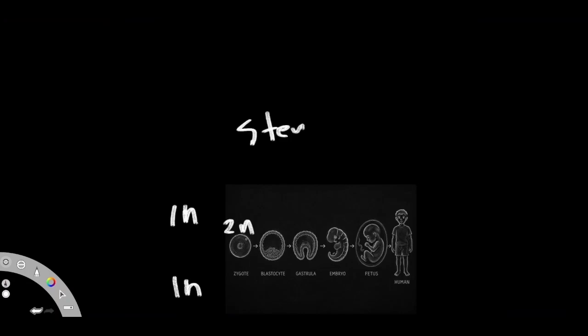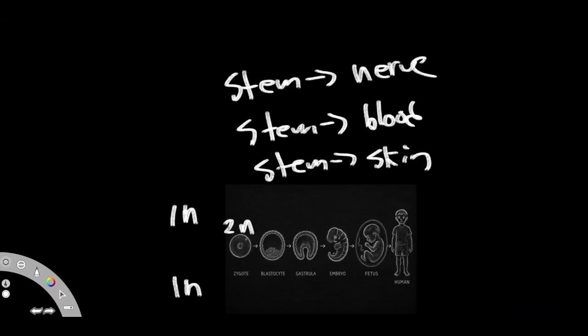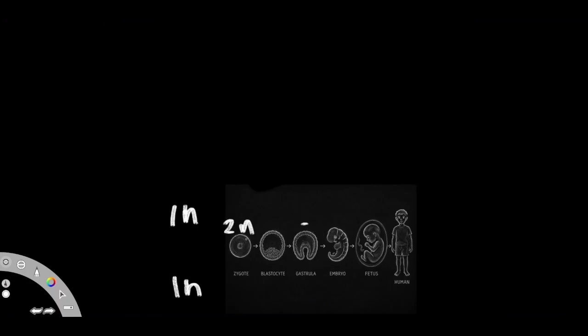Some of these stem cells start to become blood cells, other stem cells start to become skin cells, and another stem cell differentiates and specializes into a nerve cell. This is where the differentiation occurs. And then we get to the gastrula. When we get to the gastrula, it becomes even more complex. Again, at the blastocyst, this is where cell differentiation occurs.